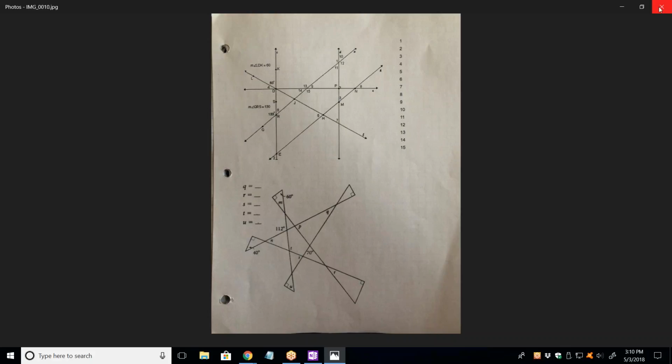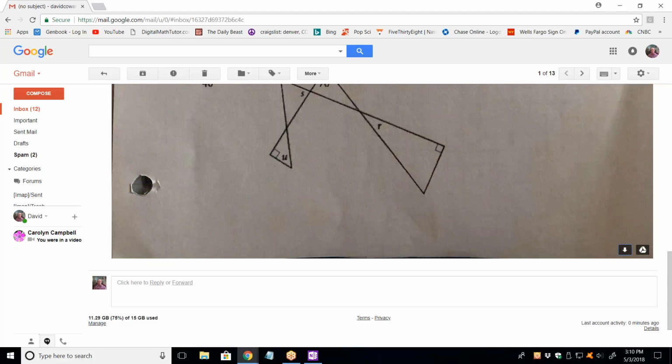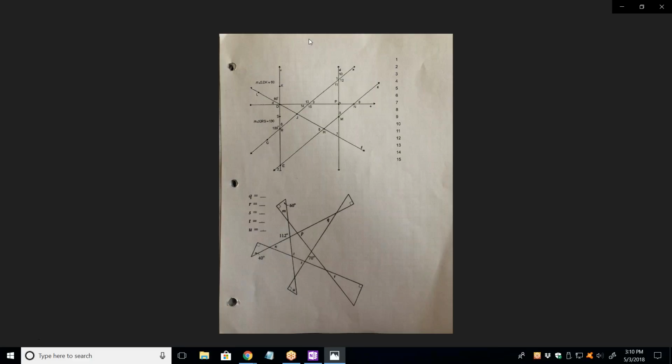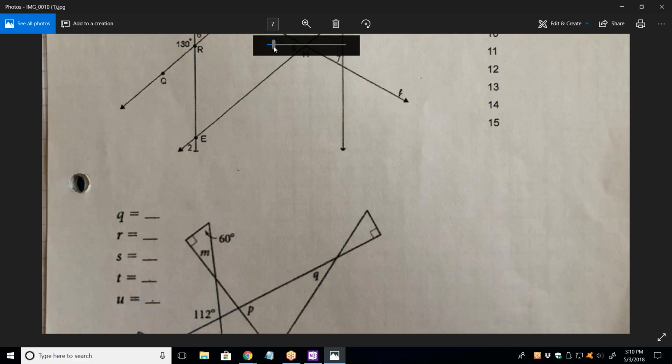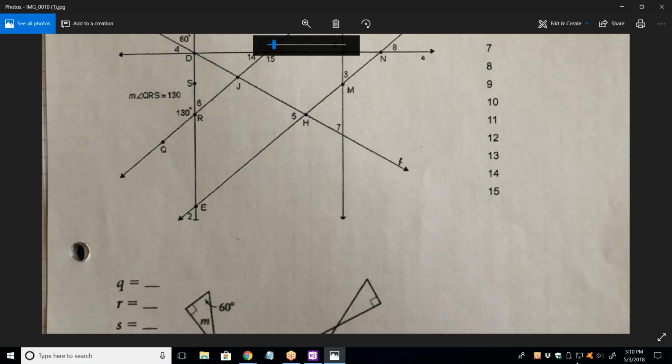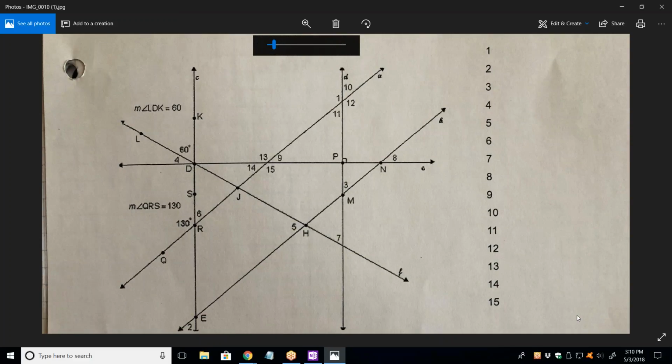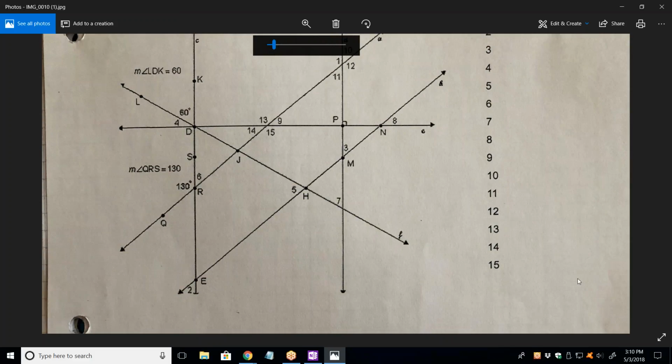Well, I'm not sure what happened here. Let's try that again. In other words, I want to be able to zoom in and out. Okay, that's fine for zooming in. Want to start with the top one? Sure.